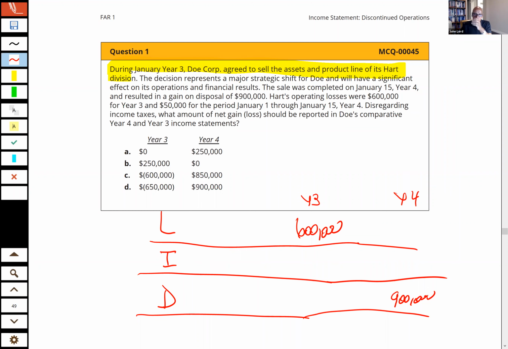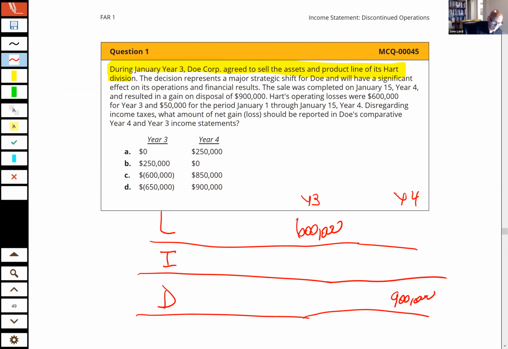Remember, guys, we've got 1.5 minutes on average per question, right? So we're looking for ways that we can routinely do these questions, and we get better and better at that. That starts to save you the time, or gives you the time you need to be successful on the exam, right? The sale was completed, $600,000 in year 3.